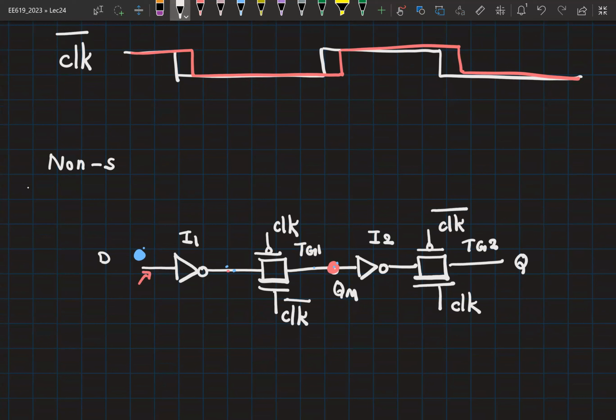So we are looking at the non-sampling edge. How do you define a setup time with respect to the equation is similar to which one? You have to look at a condition first. D of I1 plus, let us check that.